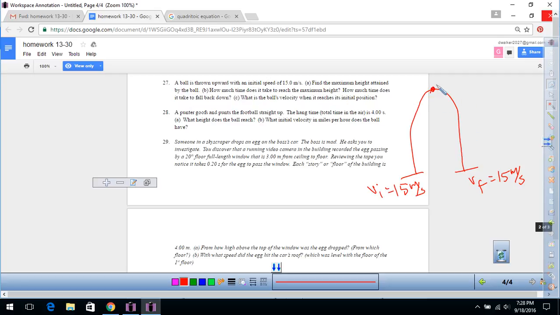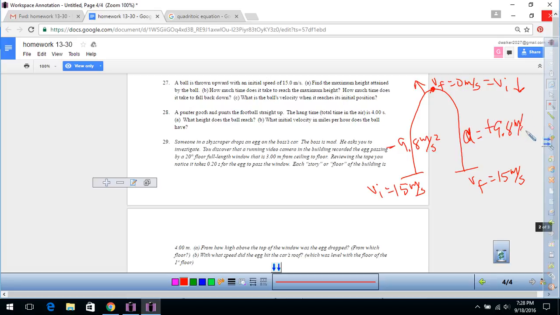Okay, so here the final velocity is going to be 0 meters per second on the way up, but that's also the initial velocity on the way down. Now I tell my kids on the way up I'm going to use negative 9.8 because gravity's slowing it down, and on the way back down I'm going to use positive 9.8. I don't know what your teacher has you use.